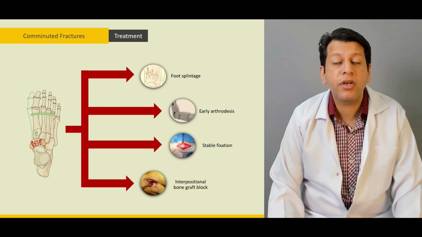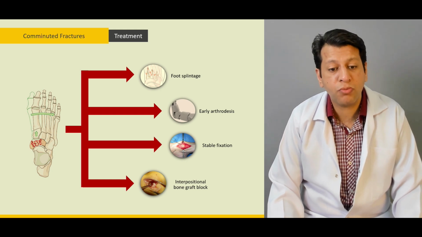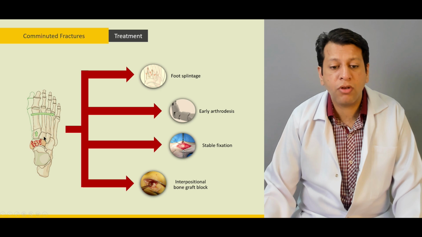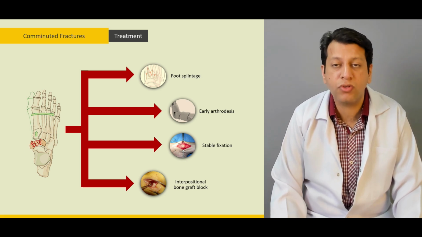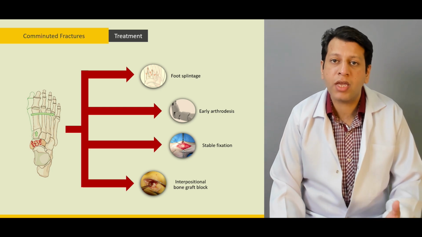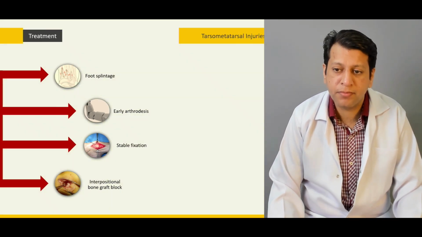Or we may have to go for interposition of some form of bone graft as well, because the bone which will be lost to avascularity has to be replaced with a bone graft, which could be a cancellous or cortical autograft.